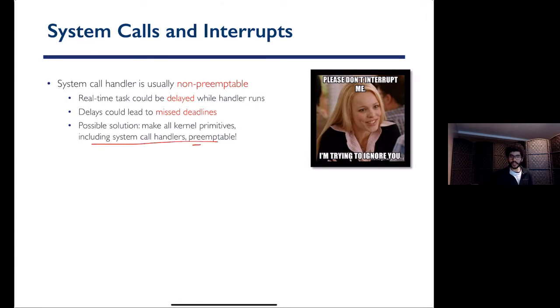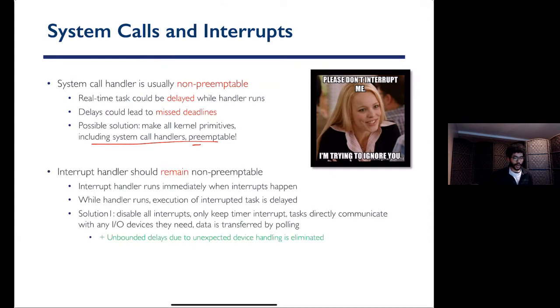This definitely leads to some complexities in writing your system call handler, right? But if you want to design a real-time operating system, then you have to do this. Otherwise, you might miss deadlines, important deadlines, and that's not something that you want to care about. Now, when it comes to interrupt handling, it's a little bit difficult.